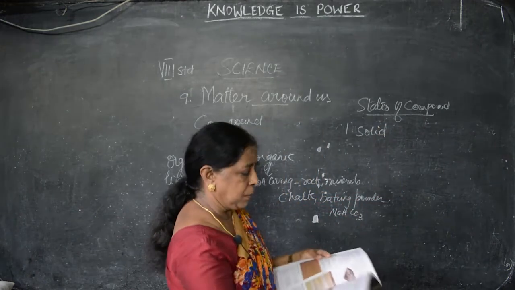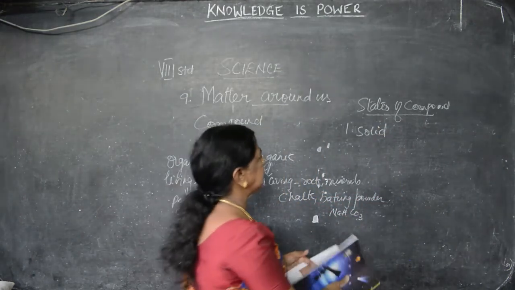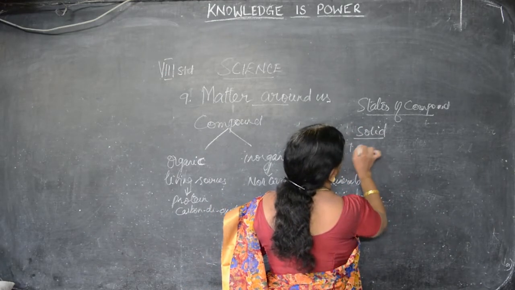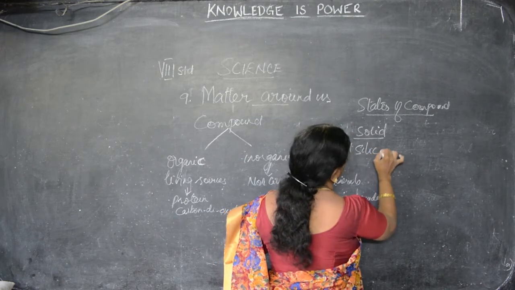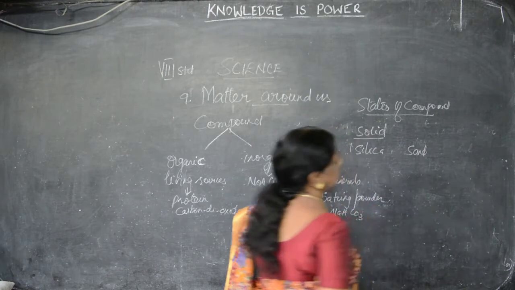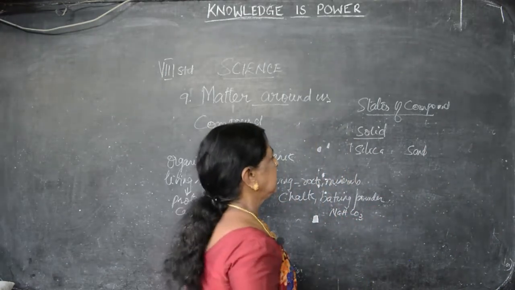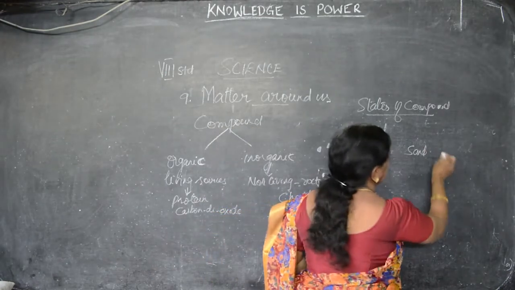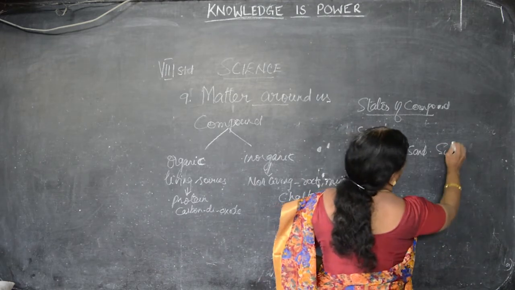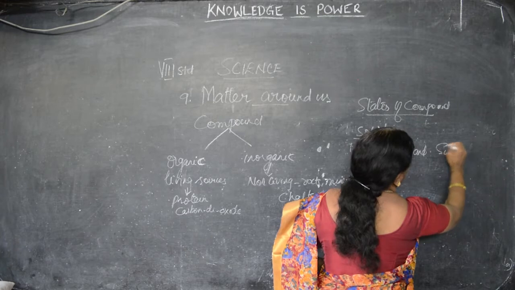Solid is very hard. For example, silica, that is sand. The other name, normal name, is silicon dioxide, sand. What are the things present in that? Silicon and oxygen.